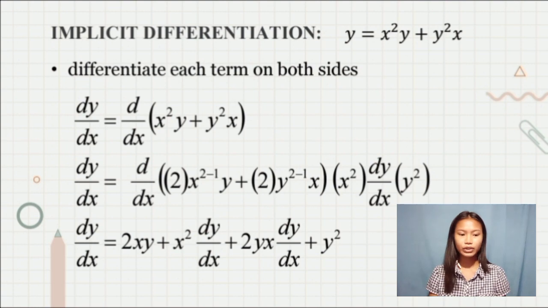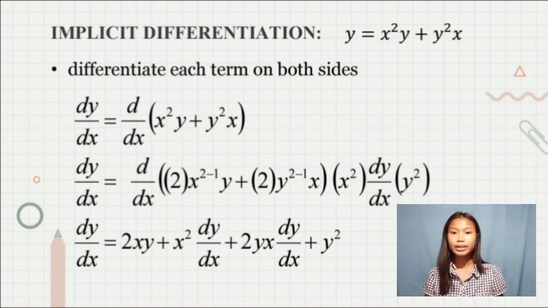First, we should differentiate each term on both sides. In this problem, we will be applying the power rule and chain rule. Since we are finding dy over dx, you can see in the second term there are power rule and chain rule.